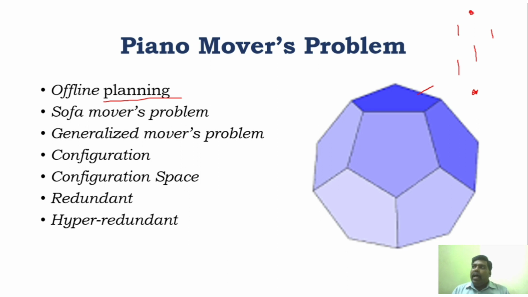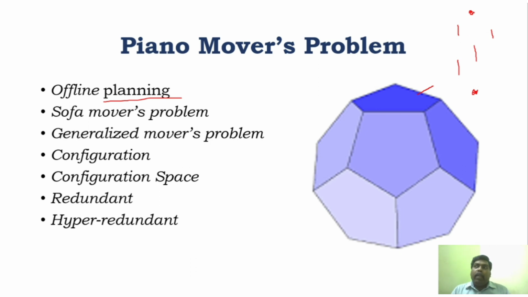Now you understand the problem of this rigid body overcoming these obstacles. That is called the piano movers problem. It is a common problem. The only constraint is that it should not meet or drag against this obstacle, and it has to reach this particular place.